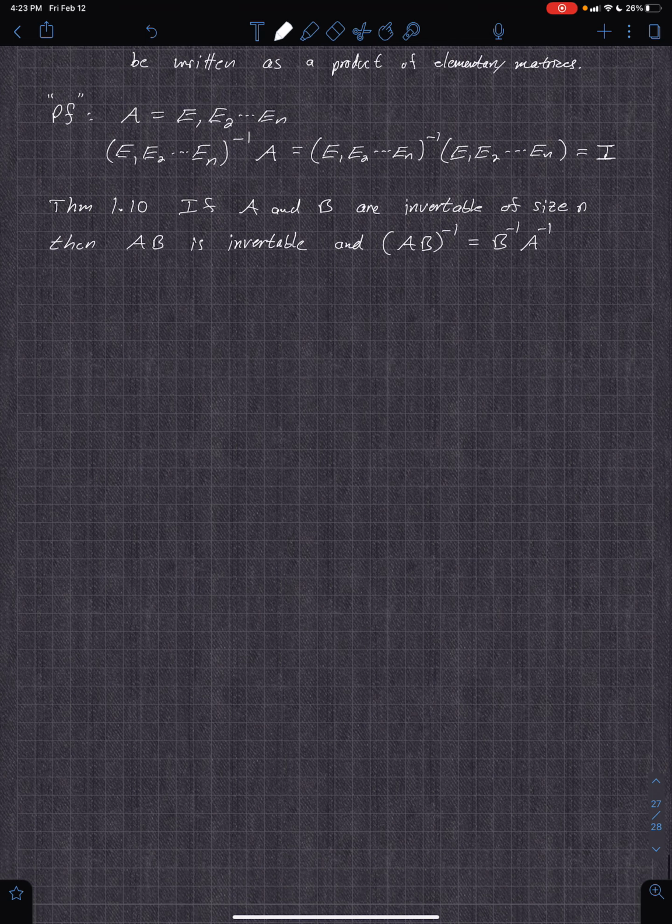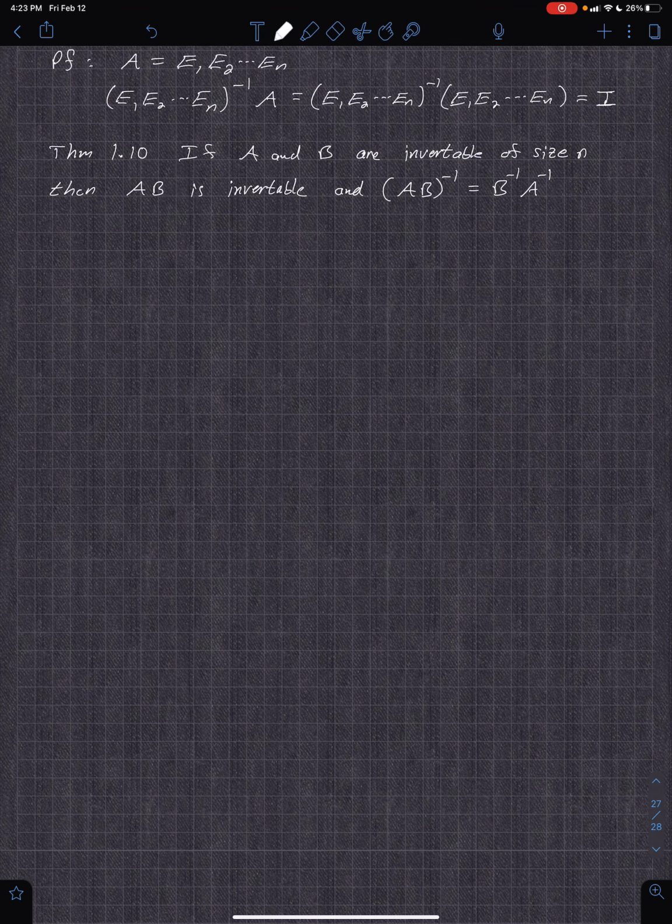Okay, because we're saying A is invertible, that gives us a lot of stuff. We will not have to use elementary matrices to do this proof, thankfully. Let's look at the proof. When doing a proof like this, we need to assume that A and B are invertible.